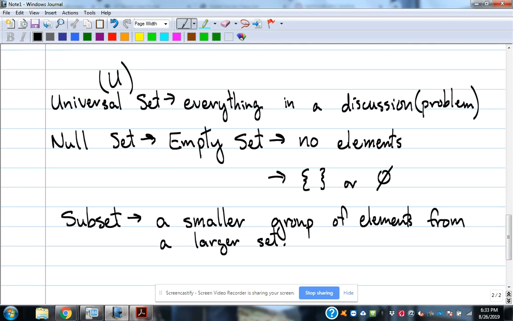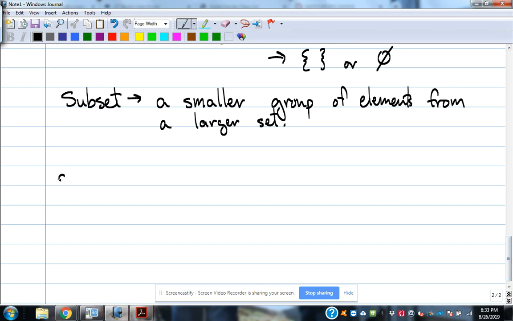Not that you have to know that for Math 100, but if you ever were to Google sets or set theory, you're going to run into some things that seem obvious that are not really that obvious as far as that goes. So let's look at an example of a set and then another set and talk about subset for just a second. Example C. Set A, let's just do the numbers 1 through 8: 1, 2, 3, 4, 5, 6, 7, 8.